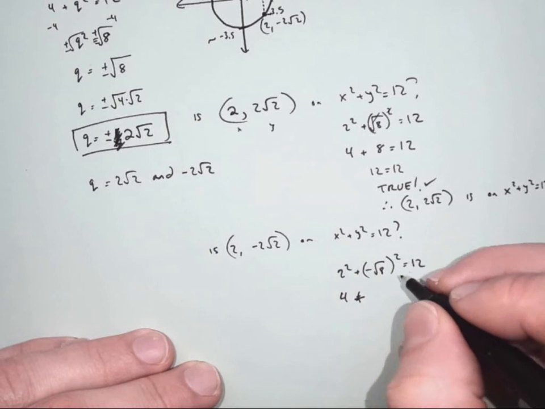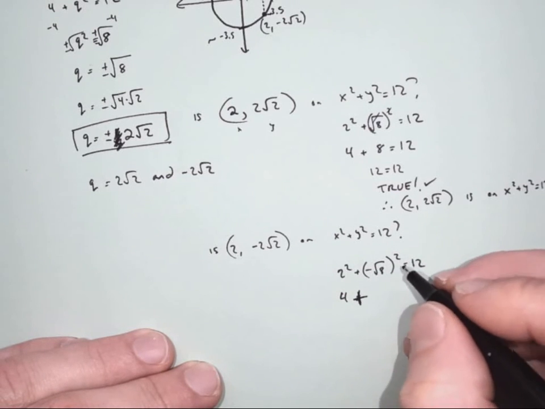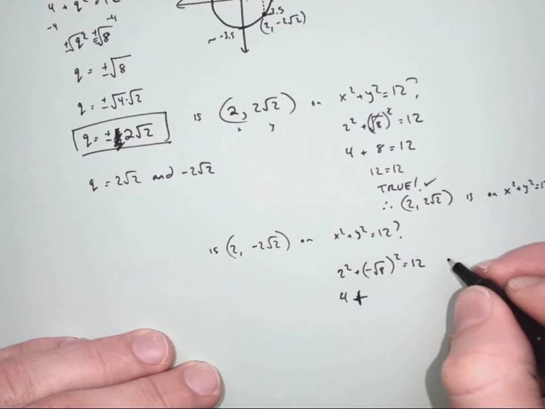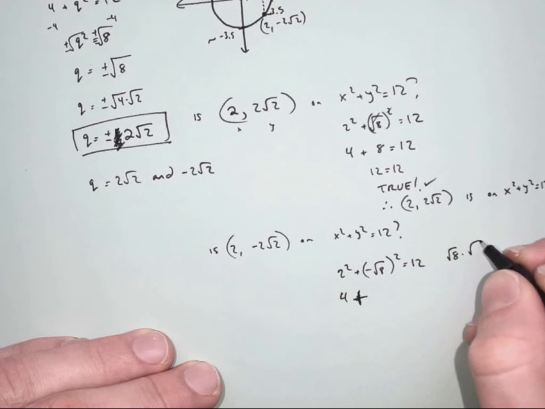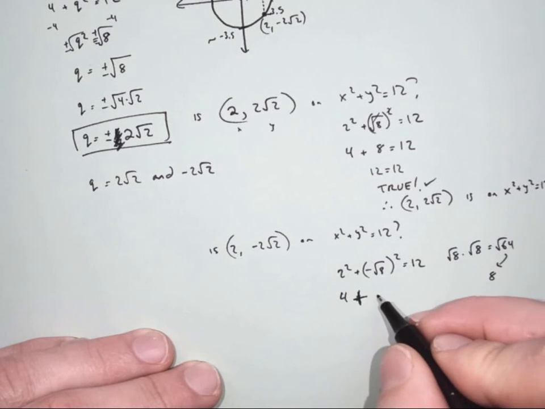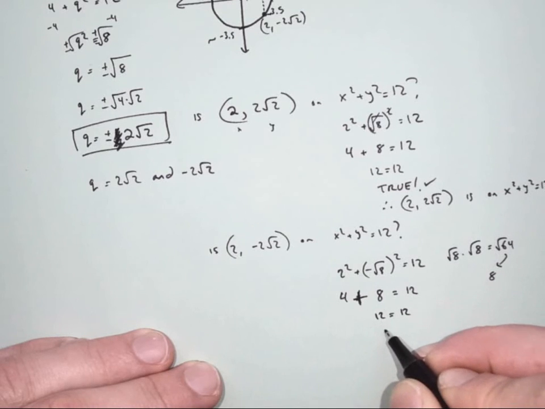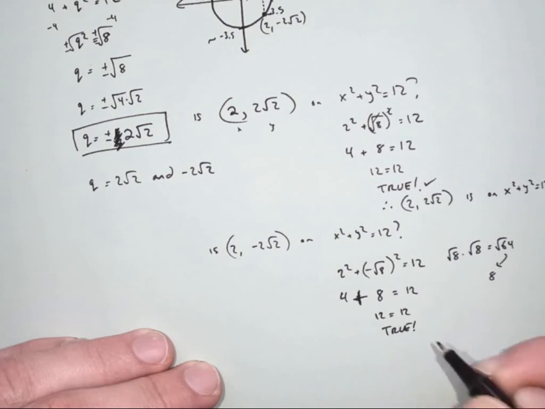Negative times a negative is going to be a positive, so it's going to give me a positive value. Root 8 squared is root 8 times root 8, which is root 64. And root 64 is actually just 8. So I get 12 is 12, which is also true. This gives us truth.